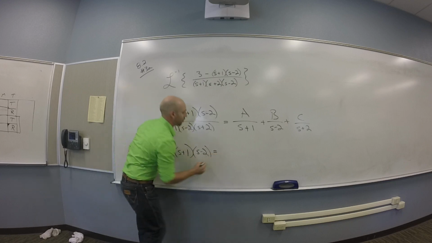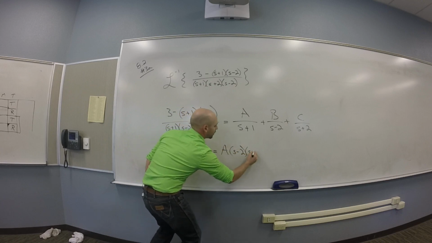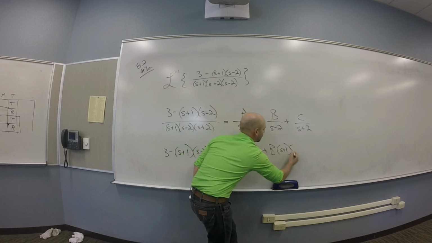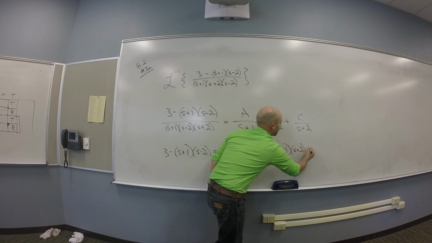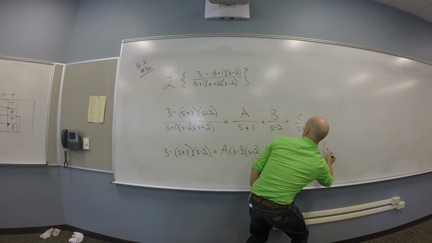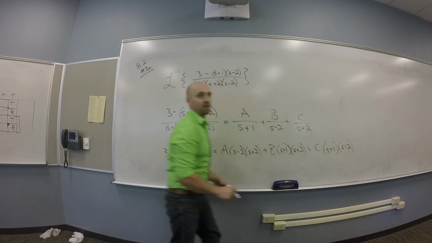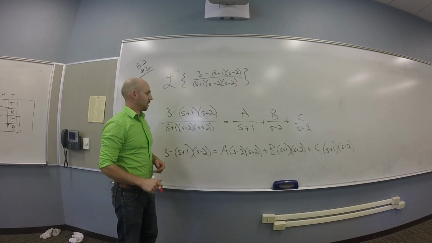And then this is going to equal A times s minus 2 times s plus 2, plus B times s plus 1 times s plus 2, plus C times s plus 1 times s minus 2.